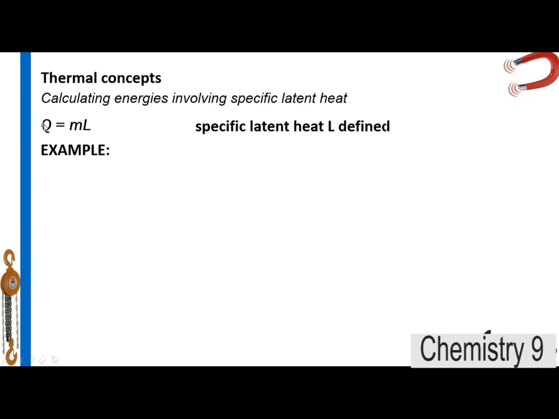So we can say that Q is equal to M times the specific latent heat. So the specific latent heat really is just Q divided by M, which is the amount of thermal energy required to convert a substance from one state to another state, divided by its mass. So let's have a look at some examples here.